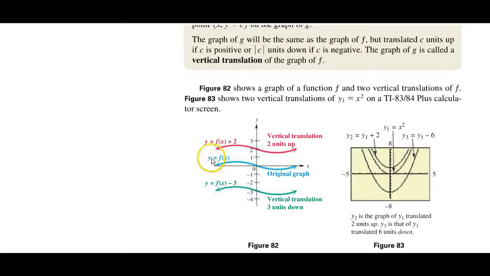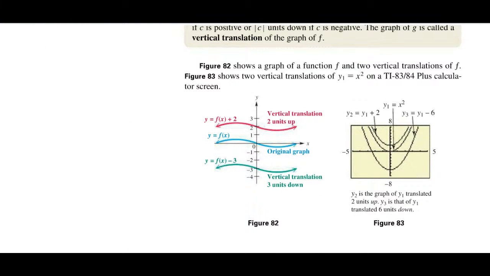This function of x here is not this wavy line. That's just to show you the translation. Here it's graphed a little bit better and shows you what a graph might look like. Okay, let's go on.